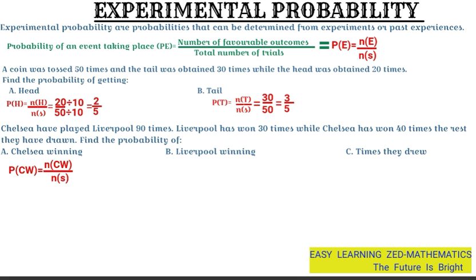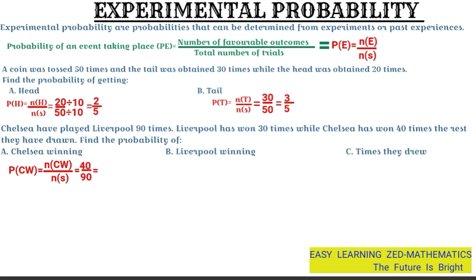The total number of games played. Okay, so how many times has Chelsea won? From that statement, we are told they have won 40 times, which will be divided by the number of times they have played, which is over 90 times.